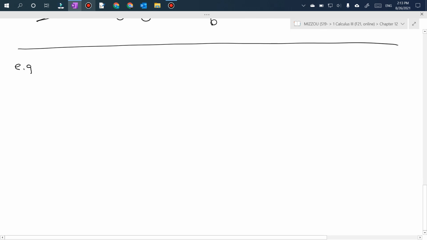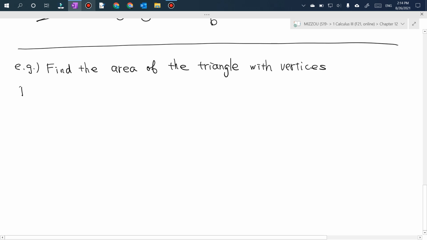So here's an example. Find the area of the triangle with vertices P (1, 2, 1), Q (-1, 0, 1), and R (-1, -2, 1, 3).